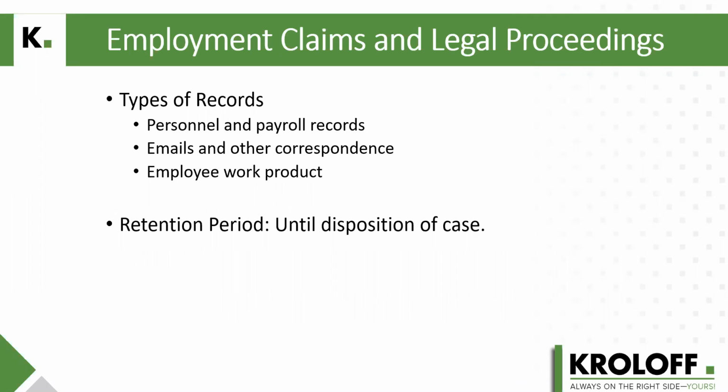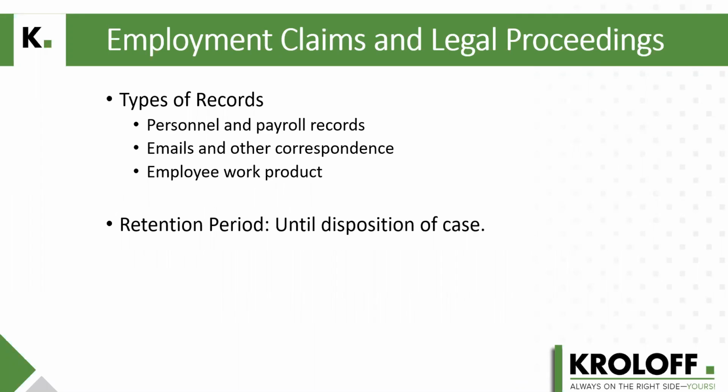And then just a last note here, if you receive a claim or legal documents from an employee initiating a lawsuit, for example, the records relating to that employee and that claim need to be kept until the case is completely closed.